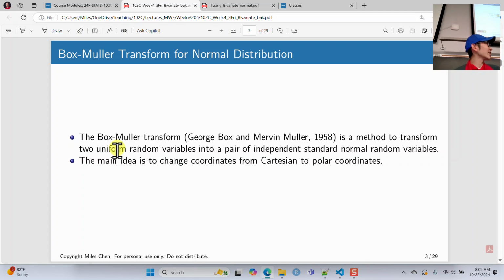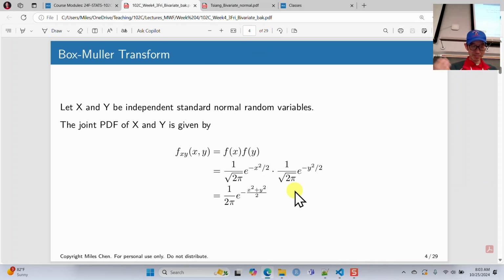And it accomplishes this by going from a pair of Cartesian coordinates to a pair of polar coordinates. So it's a neat little trick, okay?